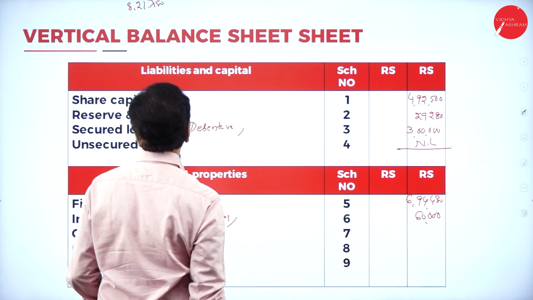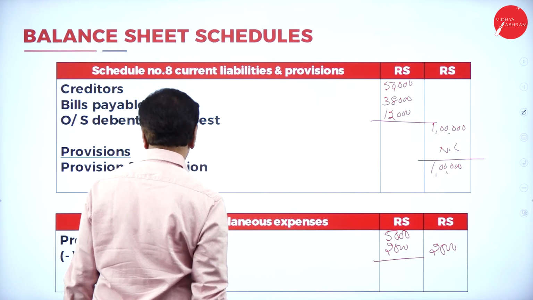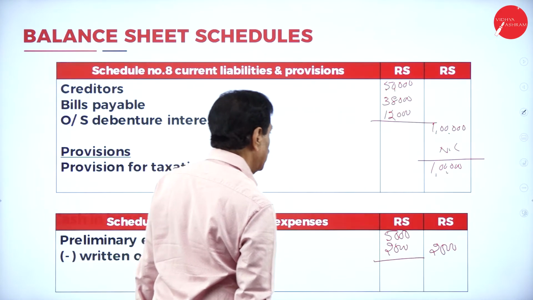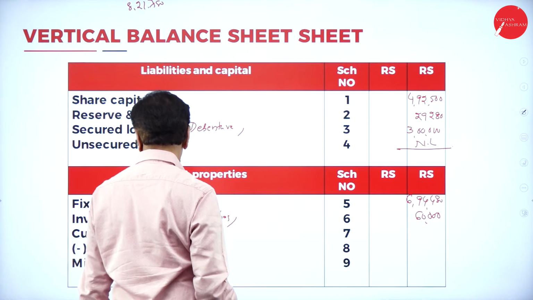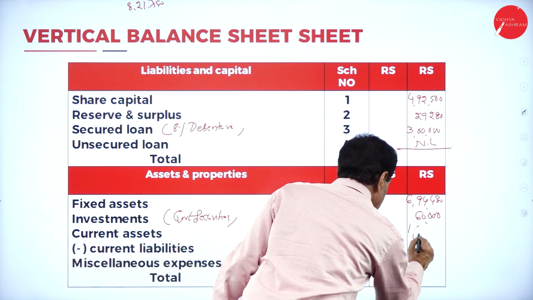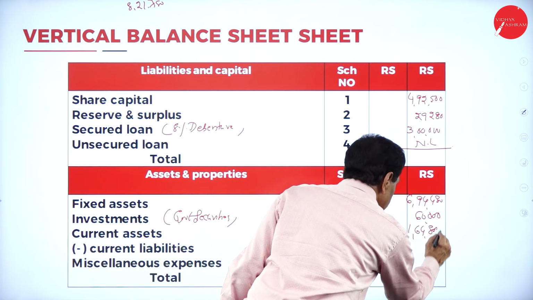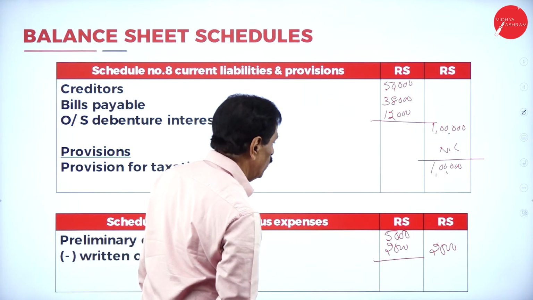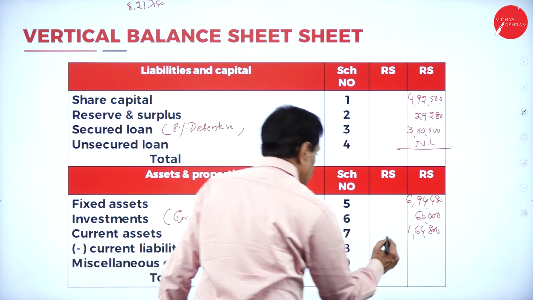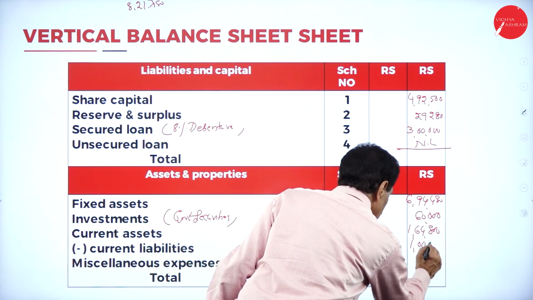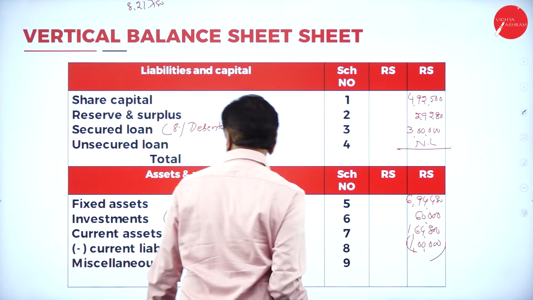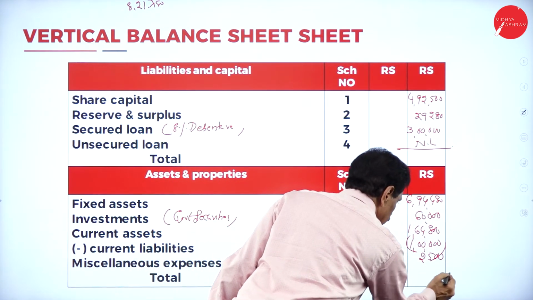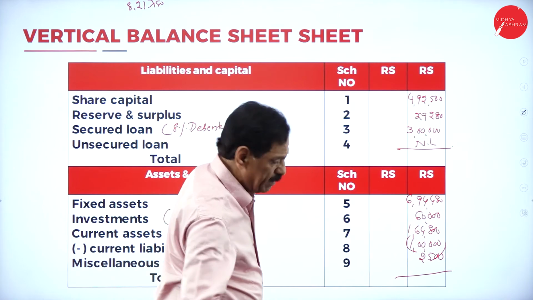Then current assets, 1,64,800. Then current liabilities 1 lakh. Preliminary expenses 2,500.